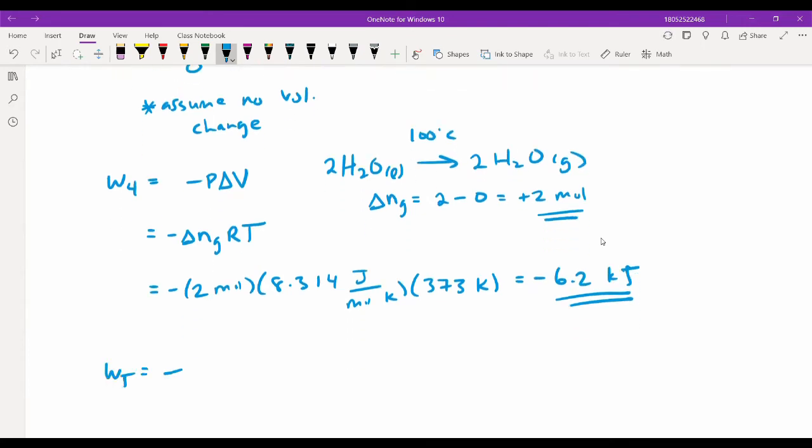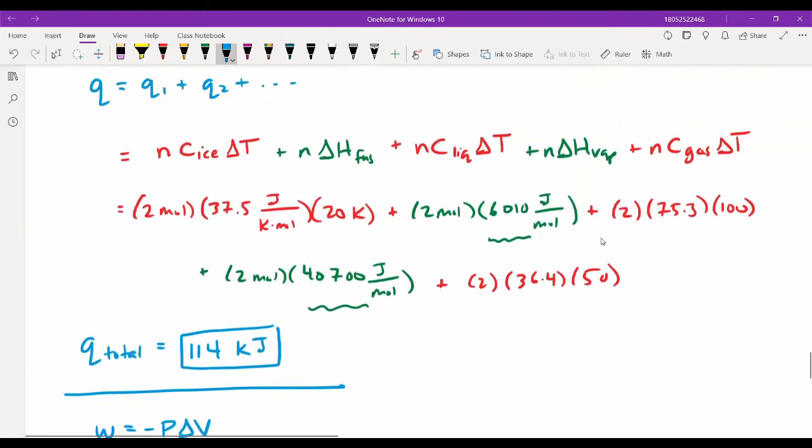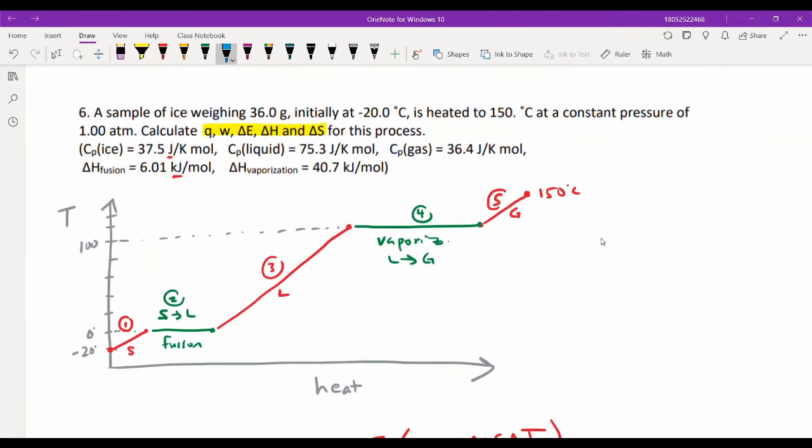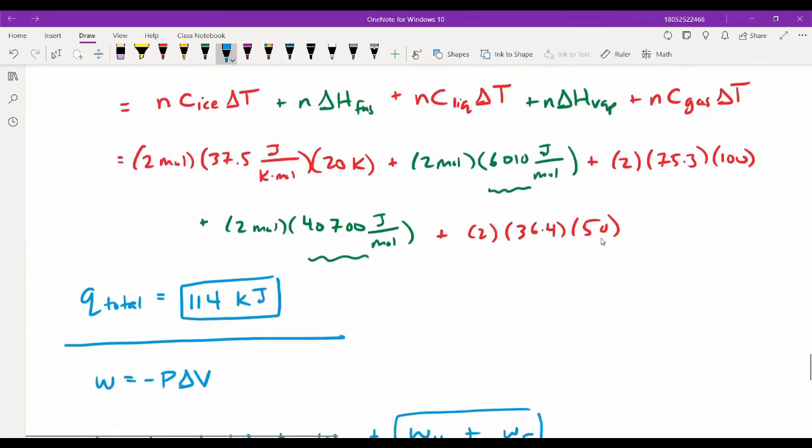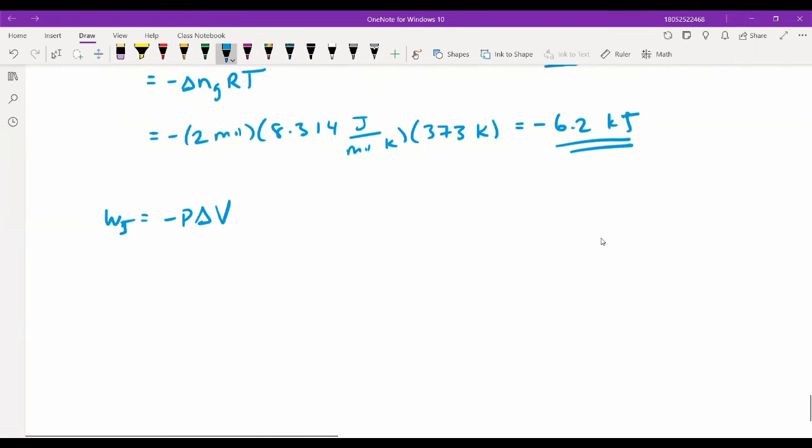And step 5, again, we can look at what's happening. The step 5, heating up the gas. Now we're not changing the moles of gas. In this step, we're just changing the temperature of the gas. So this would be a good example where we can use, instead of this, negative nR delta T, right? Because now we're just heating up the gas, basically 2 moles of gas from 100 degrees Celsius to 150, right?